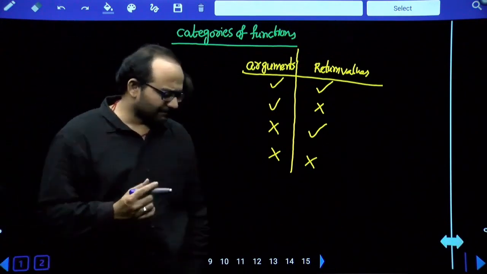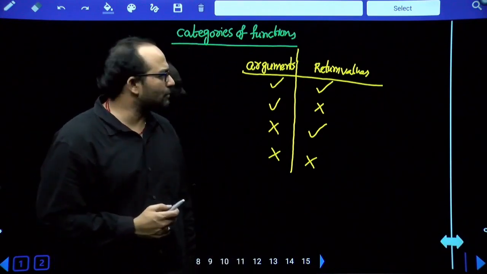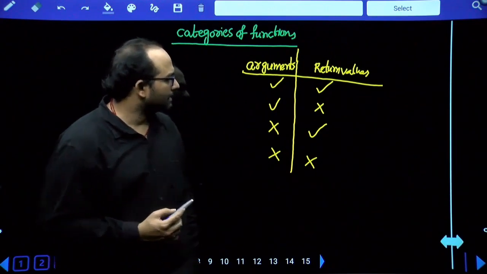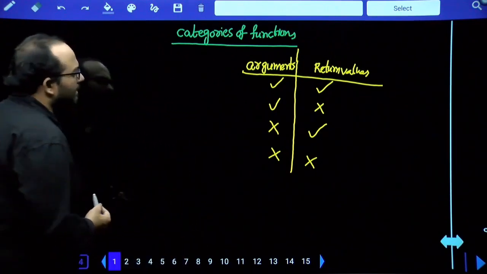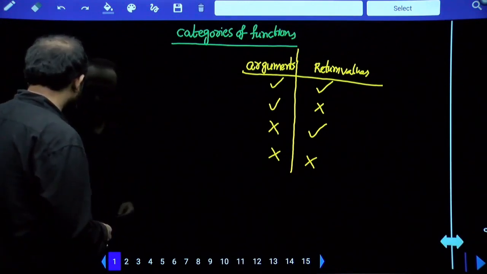Okay, so now I'll consider writing a program with respect to each type of this function. Okay, so let me clearly write here categories of functions.